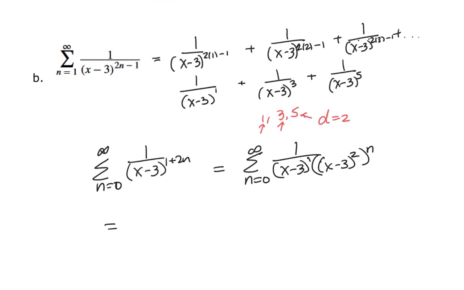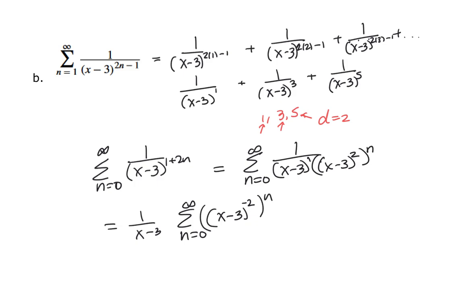Actually, I'm going to go ahead and bring out front of the series the 1 over x minus 3, because that is no longer attached to the n part. And then the summation of n equals 0 to infinity of x minus 3 raised to the negative 2 raised to the n.